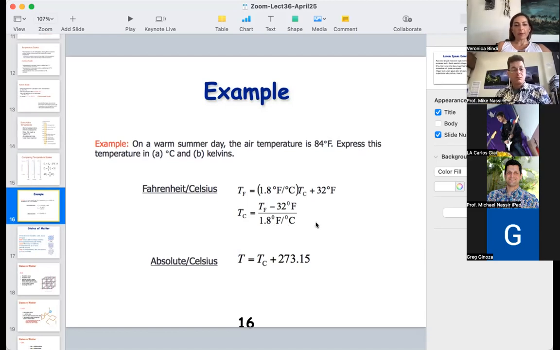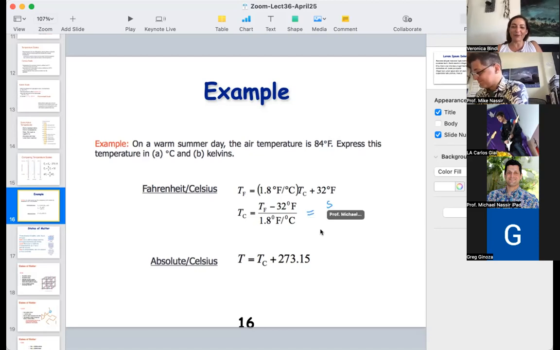Now I don't know the result out of my mind. How much will it be? 84 minus 32 divided by 1.8. I've been doing it so many times now, but I have to admit, I use my phone every time.